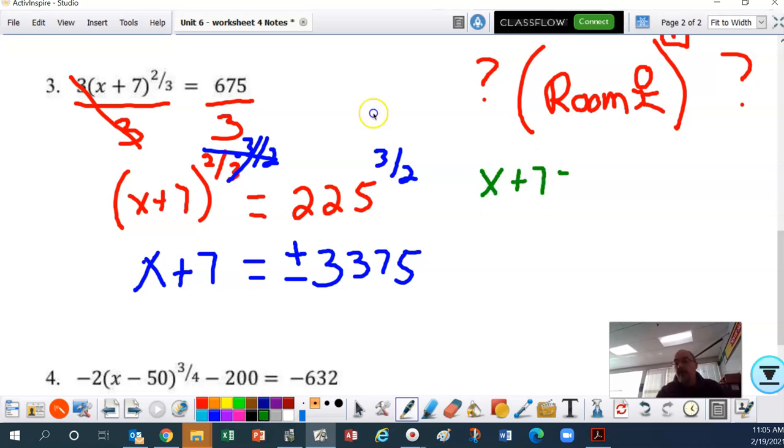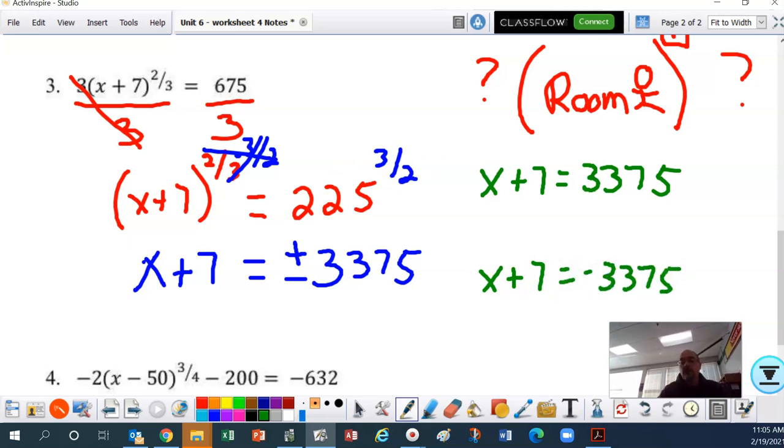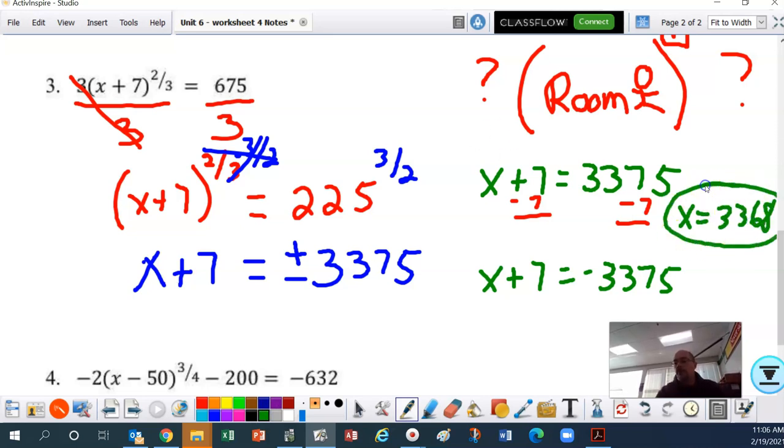Okay, now make two different equations. X plus 7 equals positive 3375. And you need to make x plus 7 equals negative 3375. All right, so we take away 7 here. And so this first answer is 3368, okay?